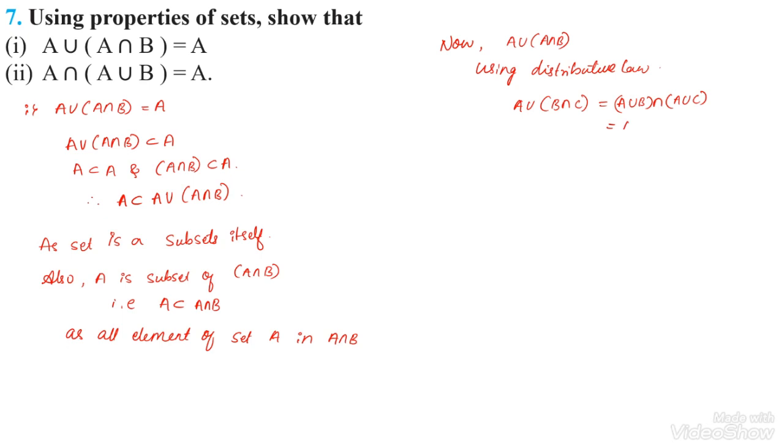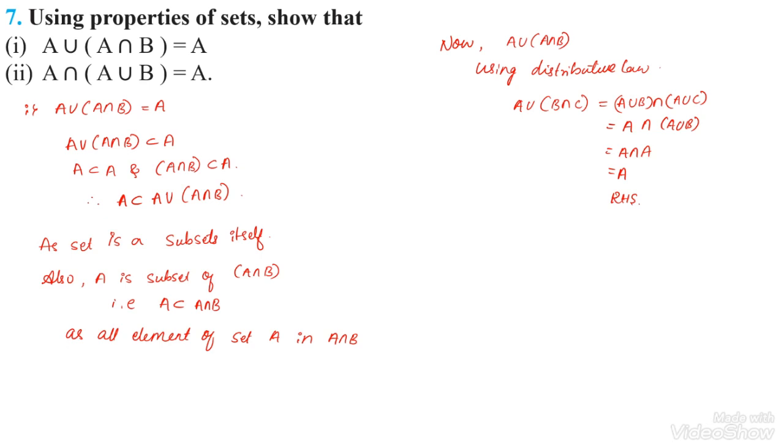So A union (A intersection B) can be written as (A union A) intersection (A union B). A union A can be written as A. A intersection A becomes A only. This is the RHS part.